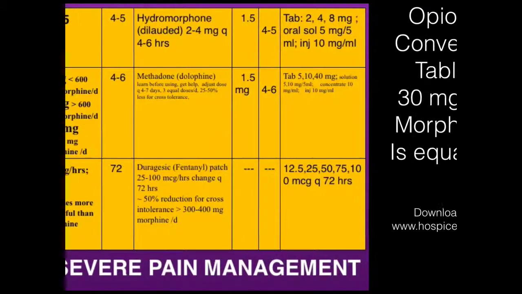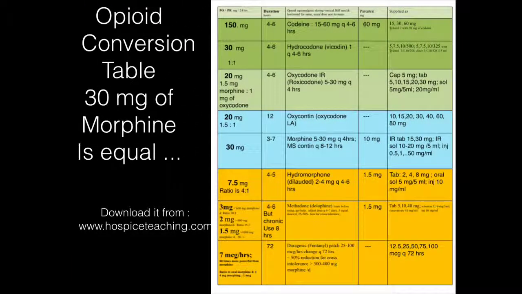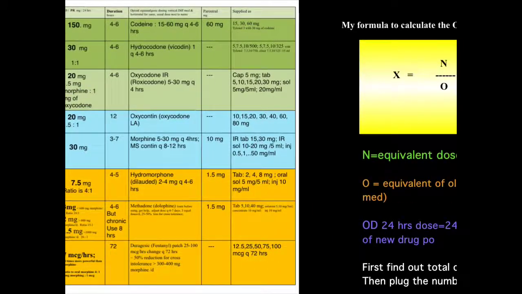And the ratio is 4 to 1. Opioid conversion table is shown here, where left-hand corner has equivalent dose. Download that. Go to my site, hospiceteaching.com, or Hospice Short Notes, which is coming soon, and you can download that.